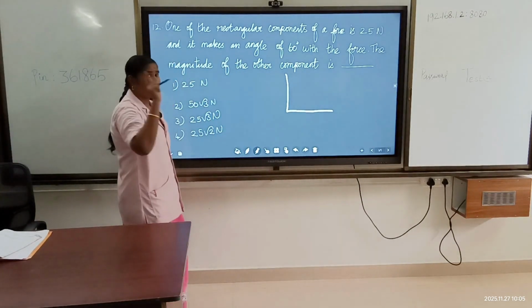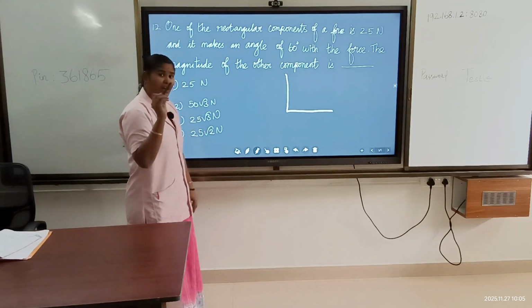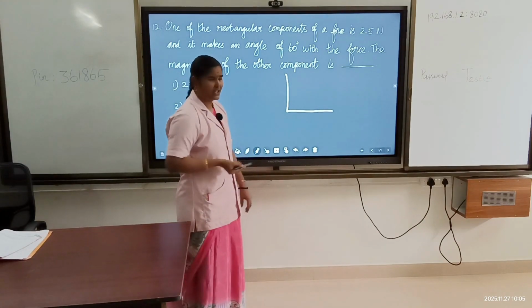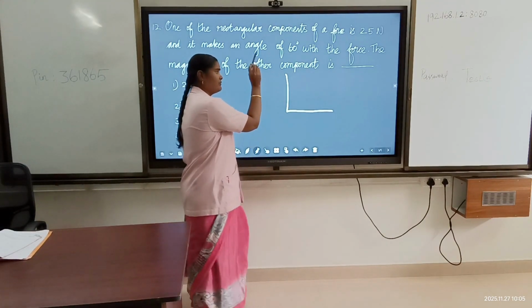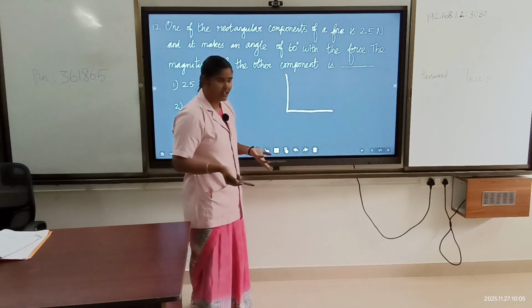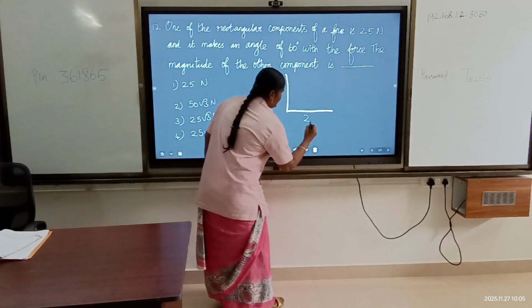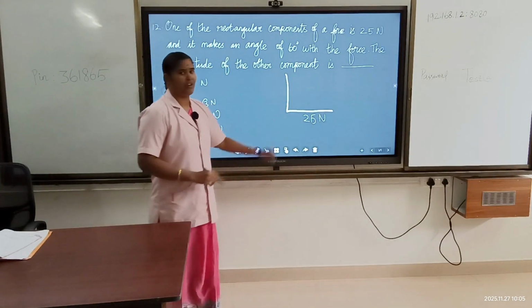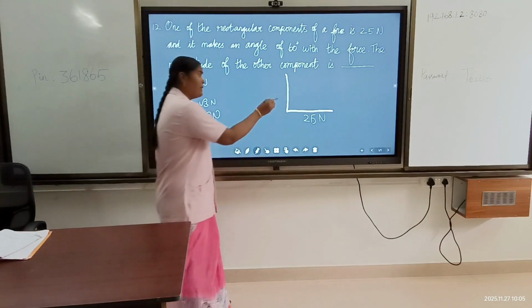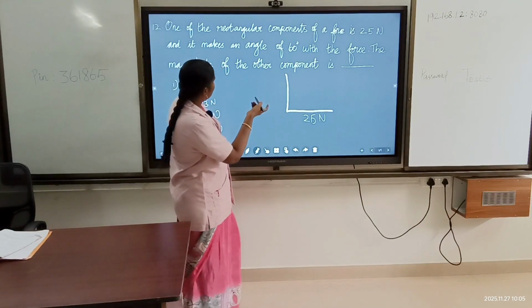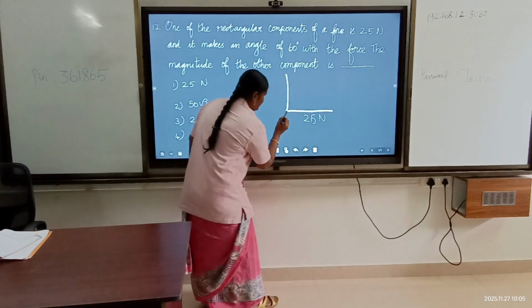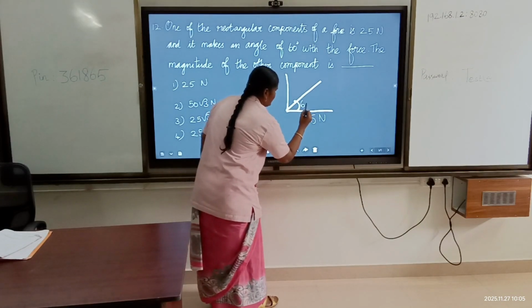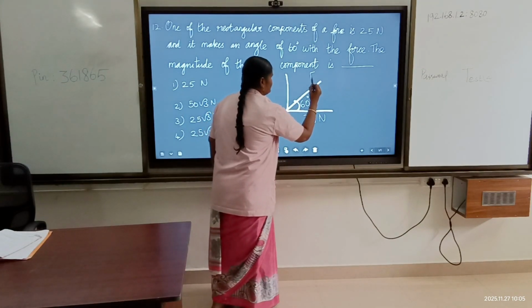And what is given? The magnitude of one of the rectangular components is 25 Newton. So which one shall we take? Whether this one or this one, anything we can take. So I am going to consider this horizontal. So one of the rectangular components is 25 Newton and it makes an angle 60 degree with the force.